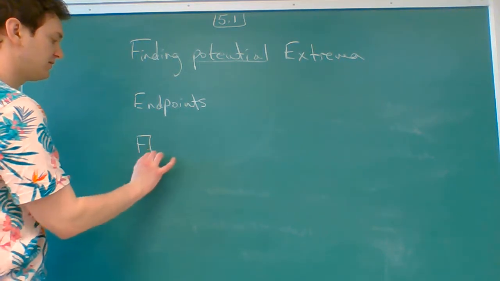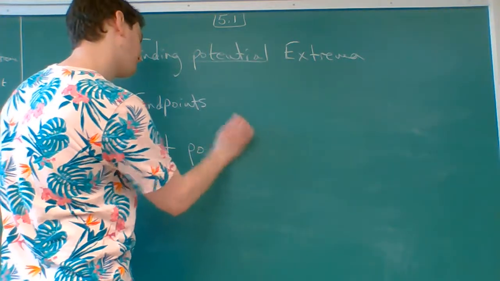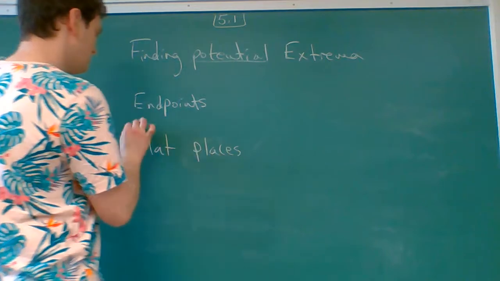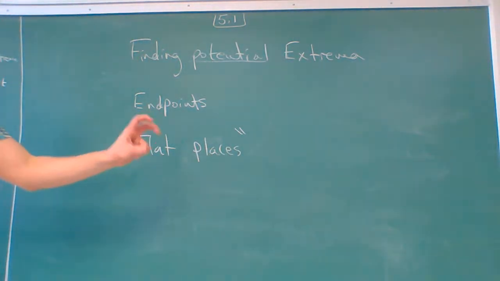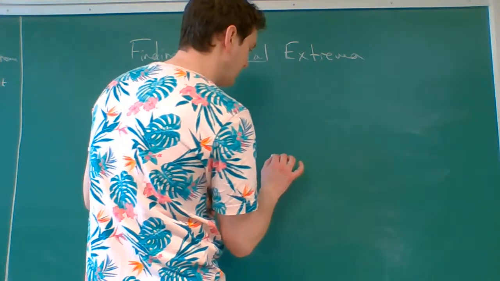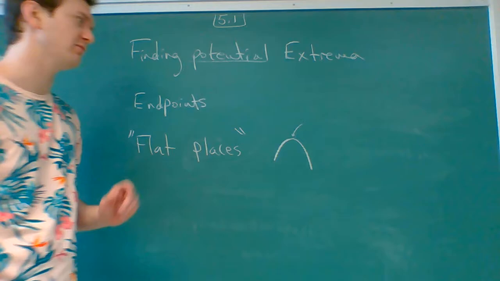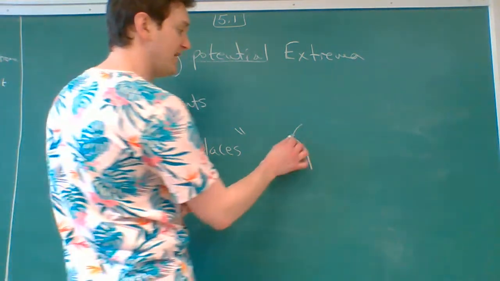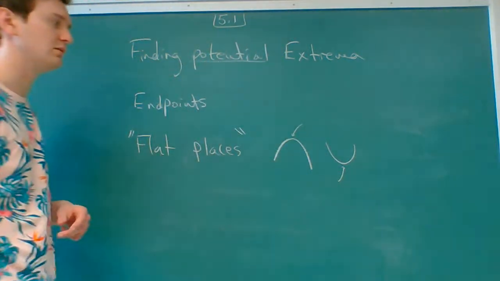We've got, I'll say, flat places, right, in the curve where the curve flattens out right there, right? If a curve is flattening out, then we have potentially a highest value there or a lowest value there.